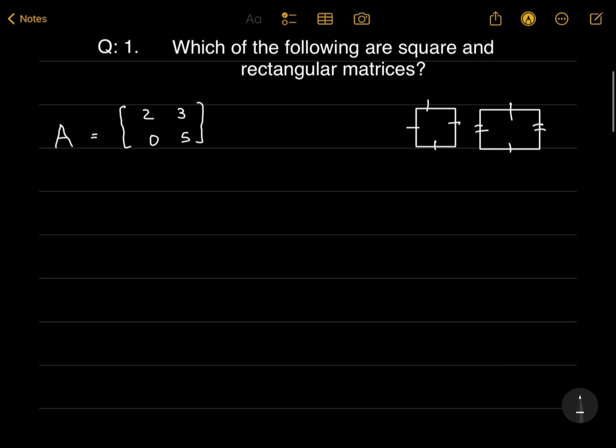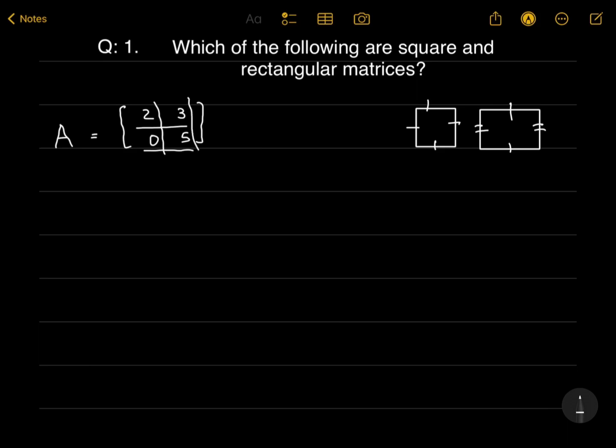Let's demonstrate this. The first question is, which of the following are square matrices and rectangular matrices? Part A says 2, 3, 0, and 5. So, is it square or rectangular? It's quite easy. So let's find the order of this matrix. We know there are 2 rows, horizontal rows, and 2 columns.